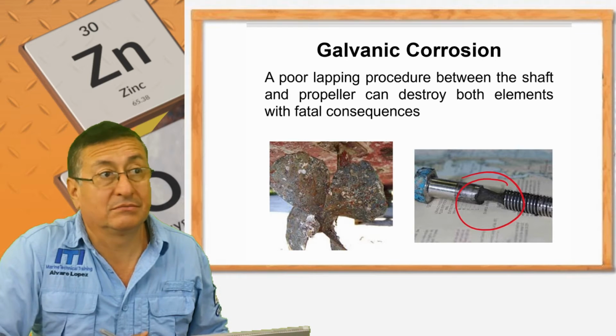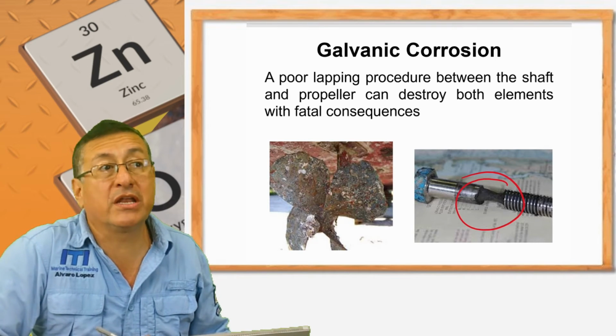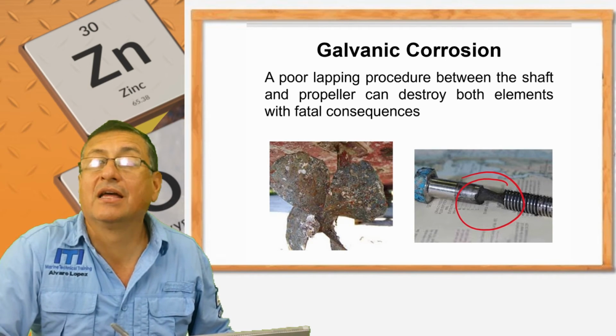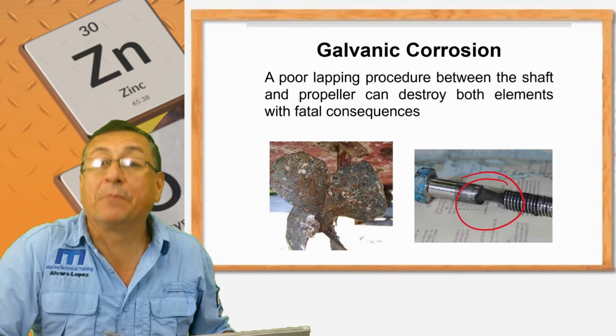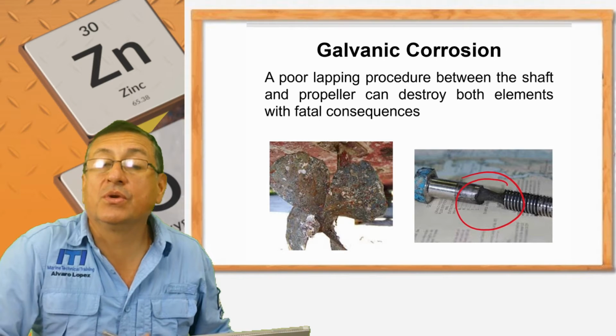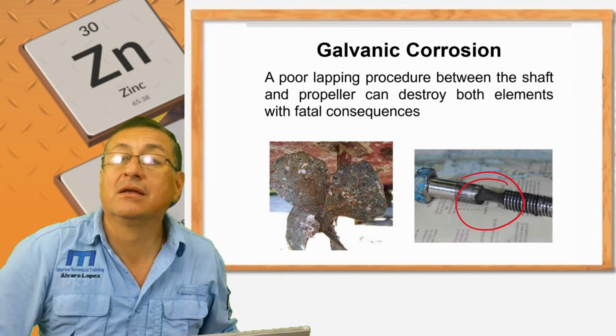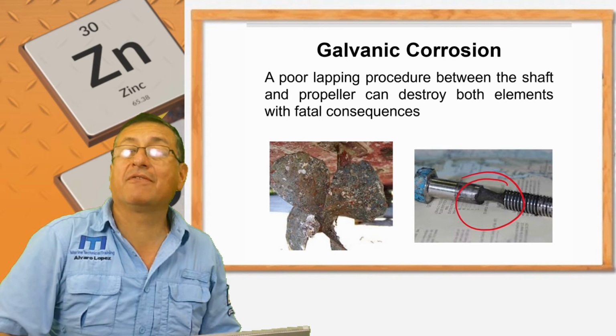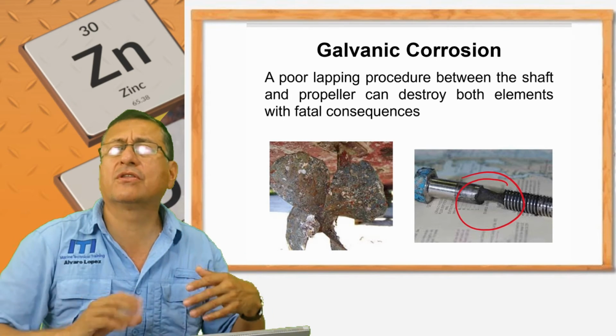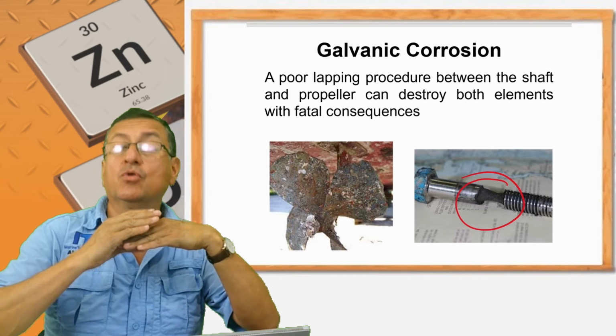I remember some years ago I was working in a marina in Fort Lauderdale, and one propeller disappeared during the sea trial because the propeller attacked the shaft. It was installed for long periods of time with humidity in between.